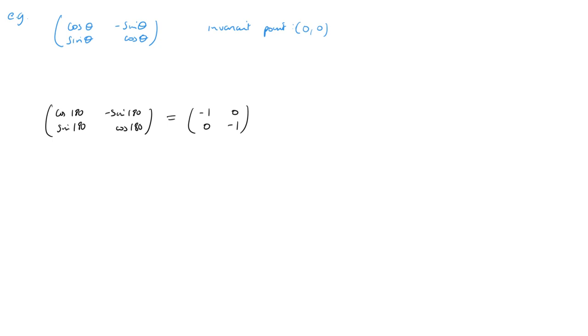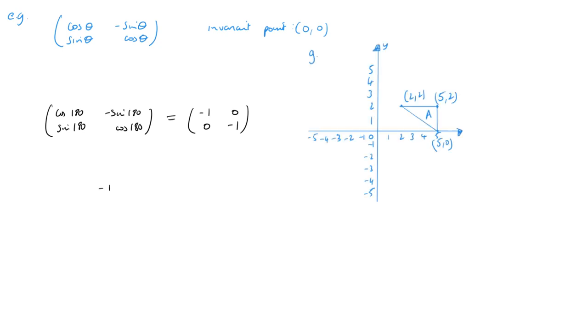So if I apply it to this one, -1, 0, 0, -1, applied to 2, 2, 5, 2, and 5, 0, it will become -2, -5, -5, and it will become -2, -2, and 0.